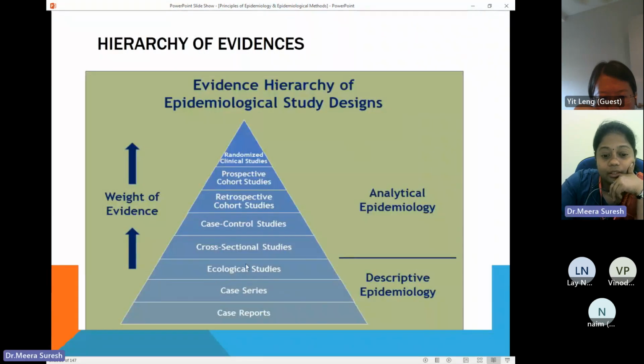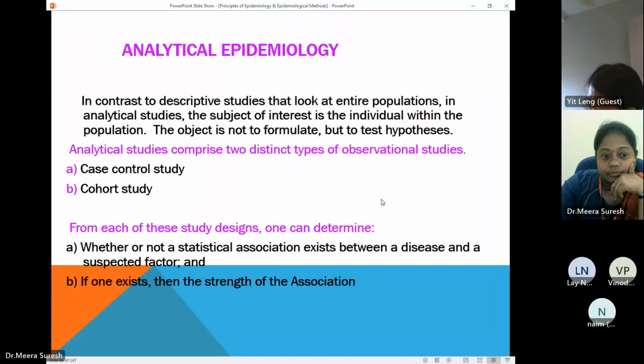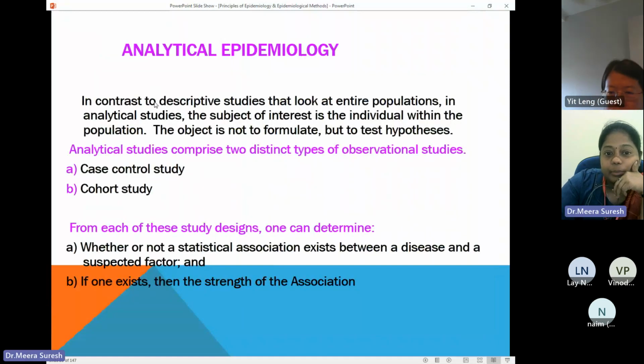Here we saw the hierarchy also: from case reports, case series, ecological studies, cross-sectional, and now we are moving into case control studies, which are part of analytical epidemiology. In contrast to descriptive studies that look at the entire population, in analytical studies the subject of interest is the individual within the population.